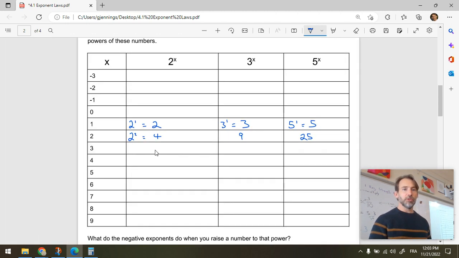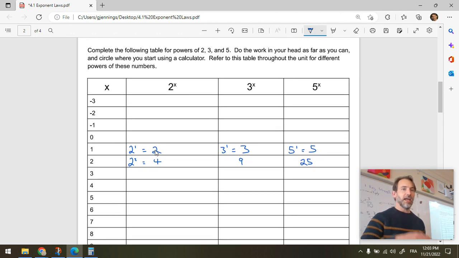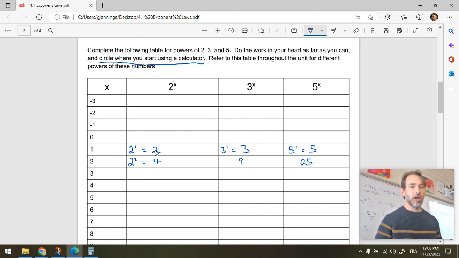See how much of the table you can complete in your head, and then circle the part where you start using a calculator. Just as a way of reflecting on your own knowledge and seeing if you can grow that knowledge over the course of the unit. Can you expand your list of powers of 2? Can you expand your list of powers of 5? Work in the positive direction to start, where here I'm going to raise 2 to the power 3, so 2 to the 3 would be equal to 4 times 2, which is 8.